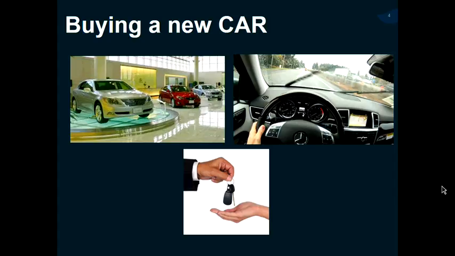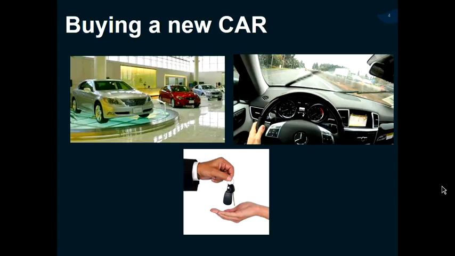So the first question we asked ourselves is, do we need another car, or can we live with just one vehicle? And we do. So the next question is, why do we need it? What features do we need? What can we afford? Who are the main drivers? And who are the main passengers?